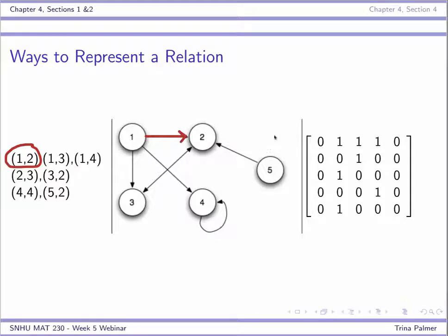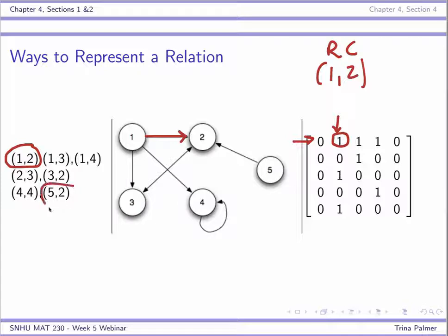In the matrix, the 1, 2 is your row and your column. So in row 1, column 2, there'll be a 1 if that pair is in your relation. Let's look at another one.